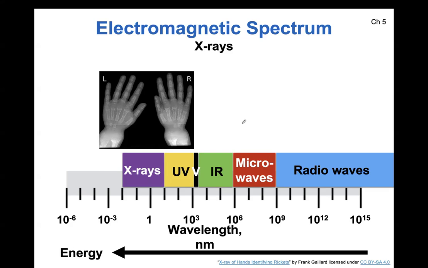Okay. They are created in all types of astronomical phenomena, so they're pretty common in astronomy. And there are lots of telescopes that are specifically X-ray telescopes. I haven't mentioned this, but so much of these different spectra that we're talking about are viewed by astronomers.